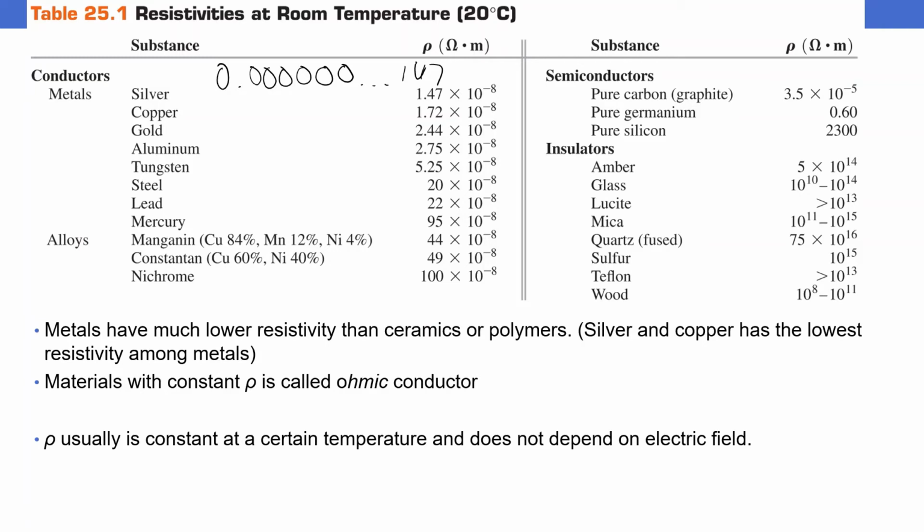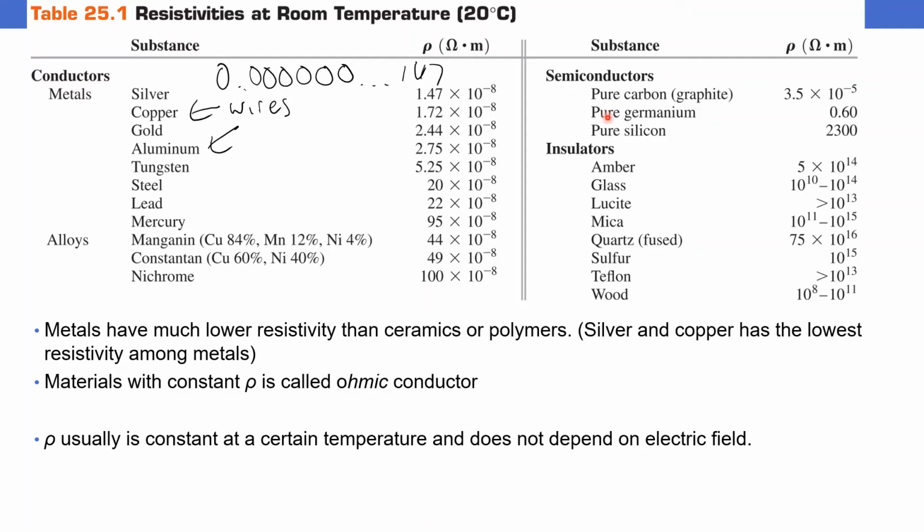This is a very low value. Next lowest is copper, which is 1.72 times 10 to the power of negative 8. That's why we typically use copper in wires. We also use aluminium in wires because both of them have a very low resistivity. Silver has the lowest, however silver is expensive, so that's why we still use copper and aluminium.